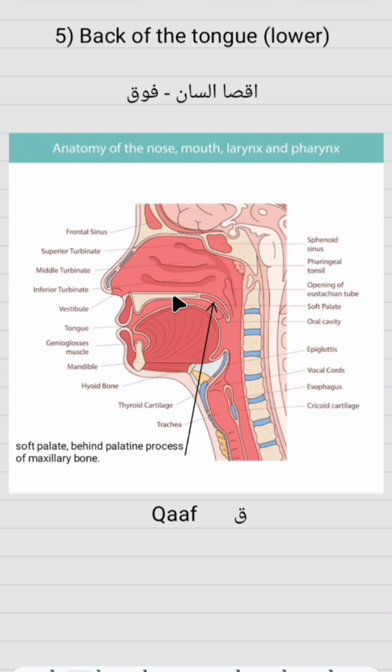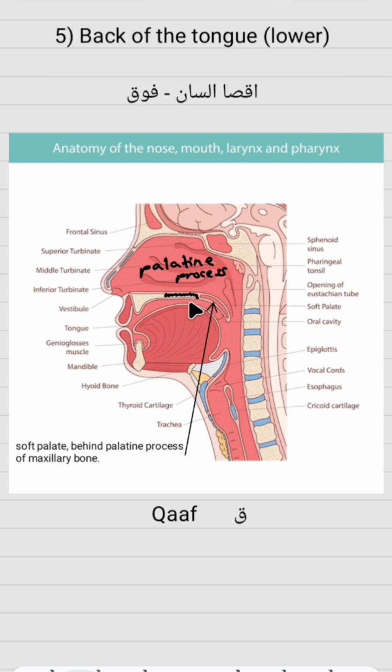This is the front part of the maxillary bone. This part here is what they call the palatine process. Now, the palatine process is, yes, in fact, a bone, and there's one more letter that comes from this particular point, this junction between the palatine process and the soft palate, right?